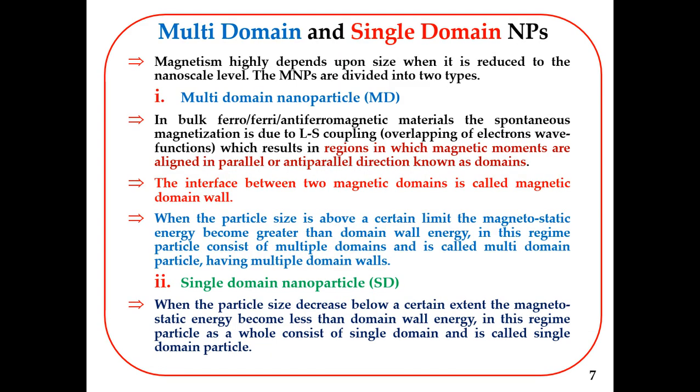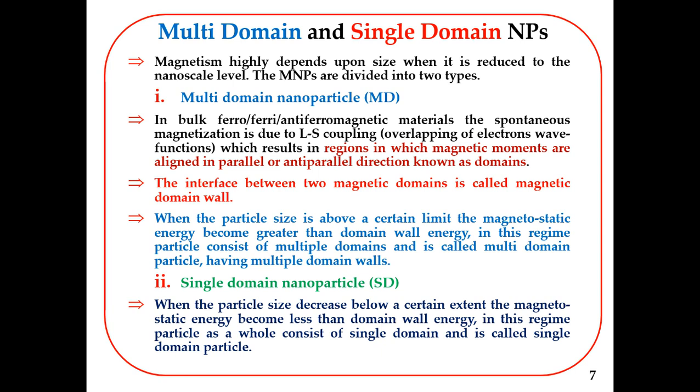We can also have multi-domain and single-domain nanoparticles. Usually particles with less than 100 nanometers are single domain, they have only one domain, and particles above 100 nanometers or above 200 have more than one domain. Multi-domain means they have more than one domain.